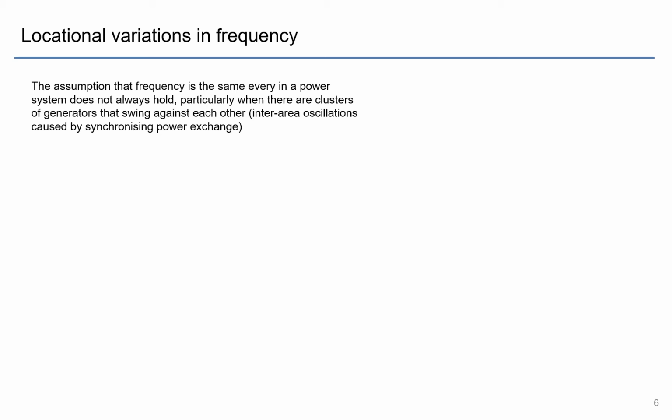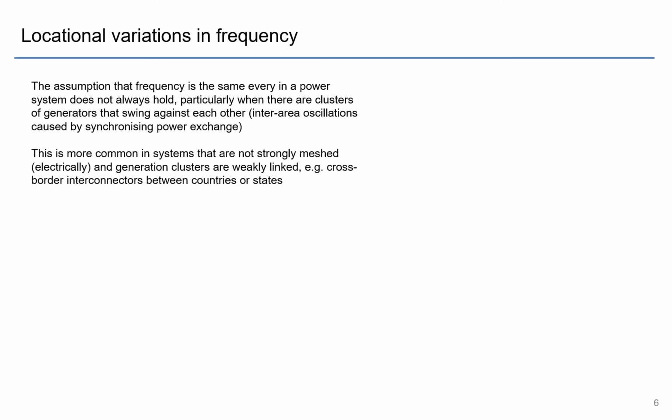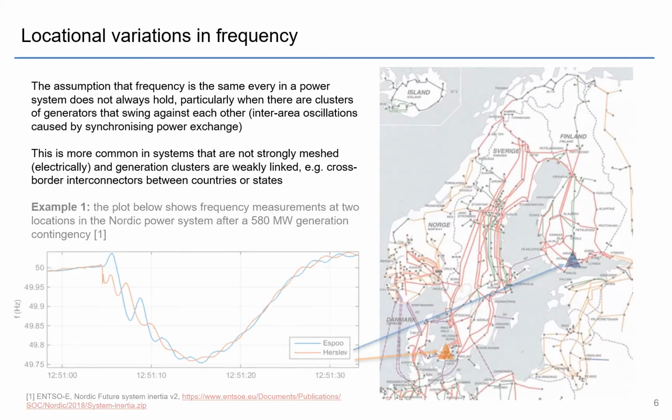And so they lead to inter-area frequency oscillations that are caused by the exchange of synchronizing power. This is more common in systems that are not strongly meshed together, with generation clusters only weakly linked, so looking at cross-border interconnectors between countries, or even between states in a single country.